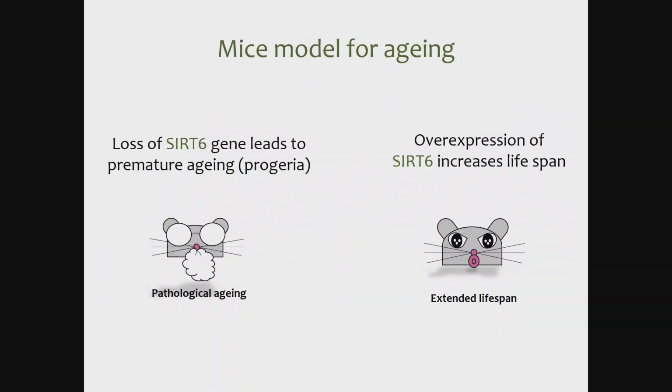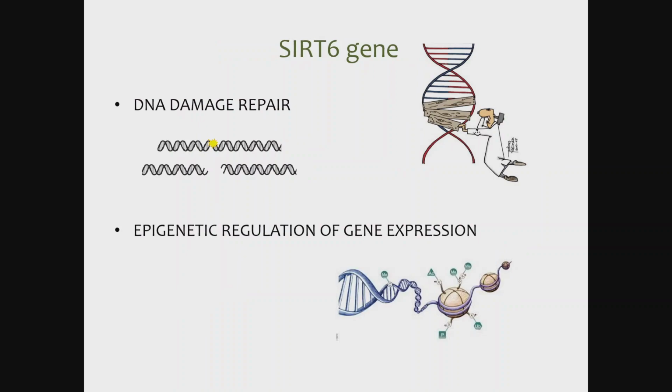And so in my lab, we study SIR6, that I told you a little bit about before, because it can repair the DNA damage. And also it regulates gene expression because it can deacetylate histones. So it has two main roles: epigenetic regulation under normal conditions, but when things go wrong and there is broken DNA, it repairs the DNA.